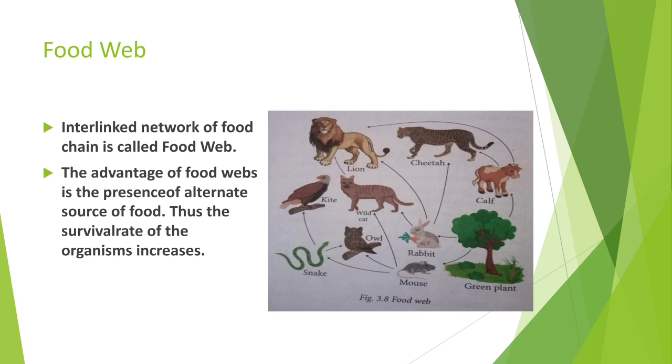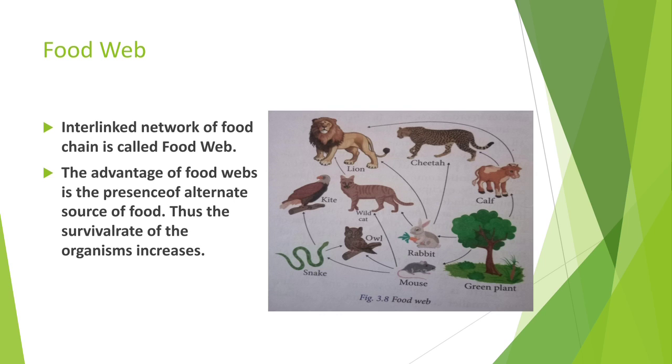An example, look at the figure. Here there are some plants. The plants are eaten by rabbit or cow. Here there is a lion. Lion can eat rabbit or cheetah or wild cat. So there is an option for the lion.